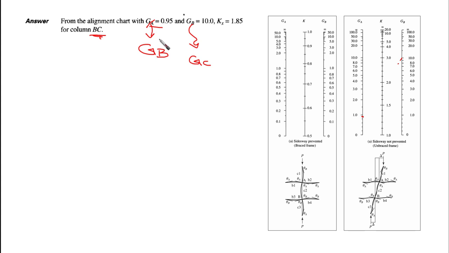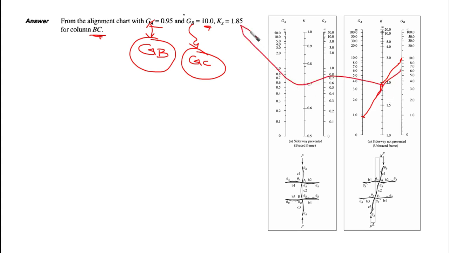So we're going to use GB 0.95 as before, and GC is going to be 10. So it is 0.95 here, and we have 10 here. If you make a straight line, sorry, as I said, I cannot control the straightness of the line. Anyway, it is going to be 1.85.